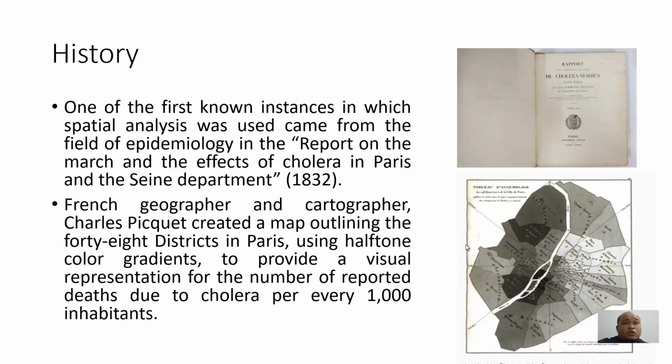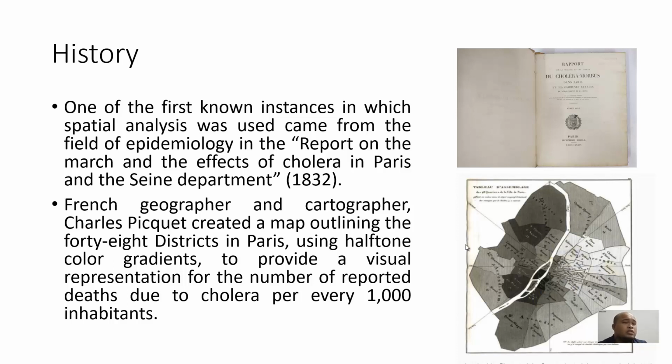One of the first known instances in which spatial analysis was used came from the field of epidemiology, in the report on the march and the effect of cholera in Paris and the Seine Department, 1832.